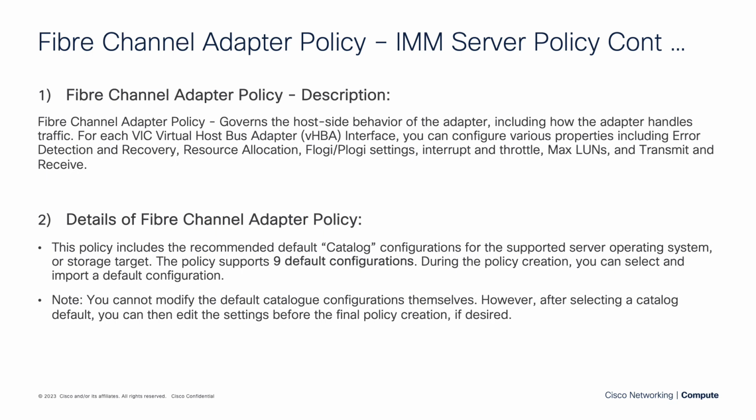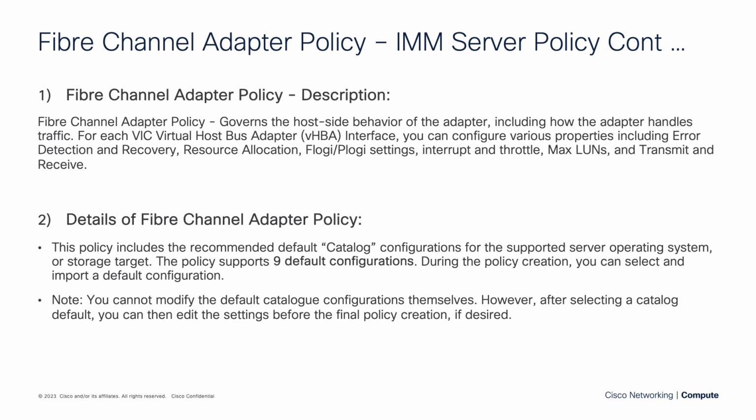This Fibre Channel Adapter Policy is very important to how your virtual host bus adapter is going to behave on the host side. As you have a VIC in your server, as you build a SAN connectivity policy and start adding in vHBAs, you're going to need to attach this policy to the vHBA.